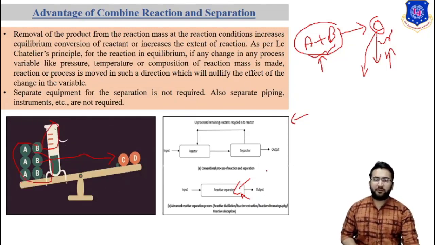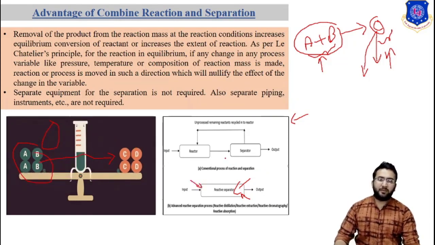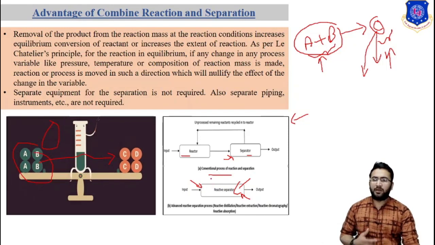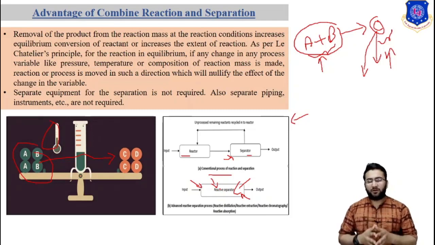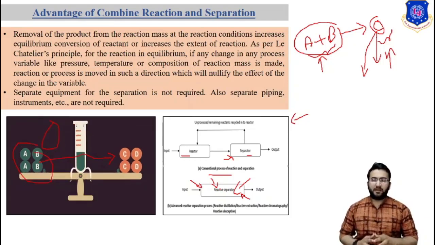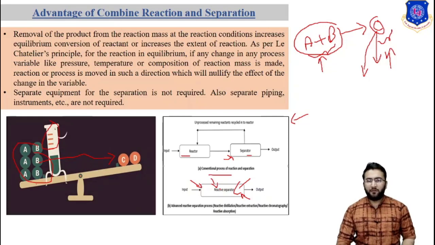So if we use one vessel, we can eliminate the second vessel of a conventional process, where a reactor and separator, two vessels, are used. With only one vessel, we can reduce the fixed cost for the reaction and also reduce the piping and other instrumentation cost. So these are the various advantages of carrying out reaction and separation in one vessel.